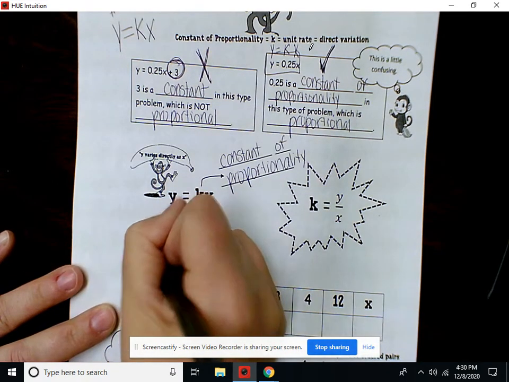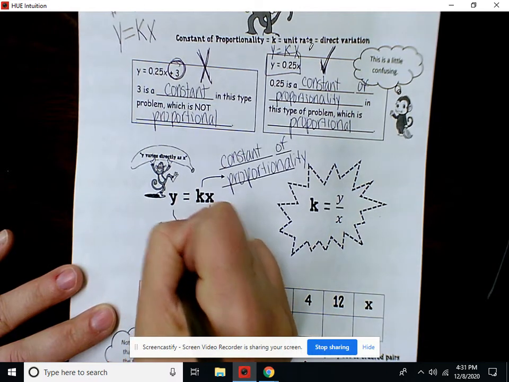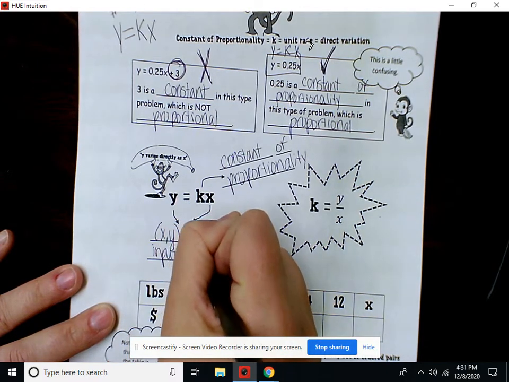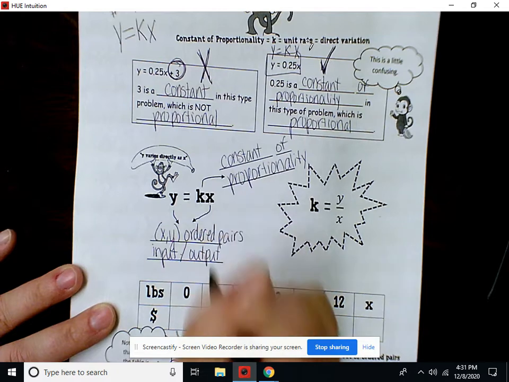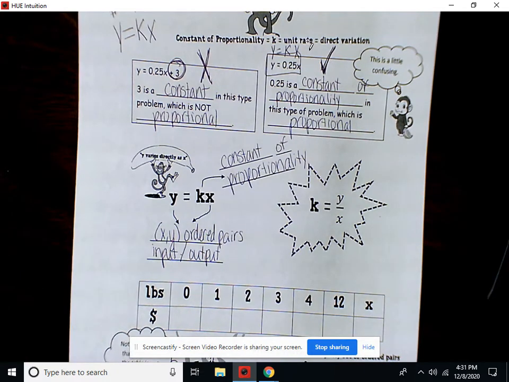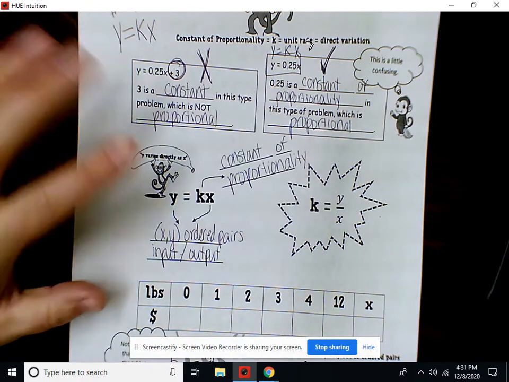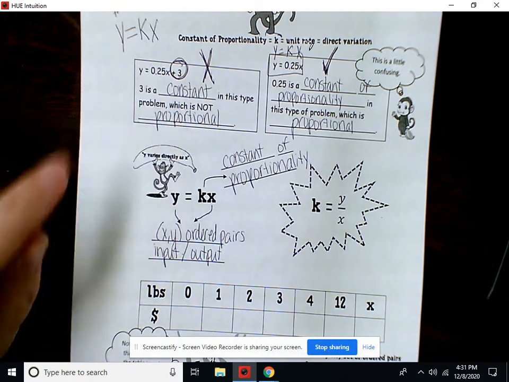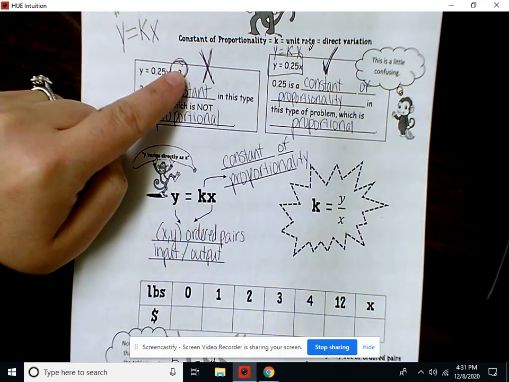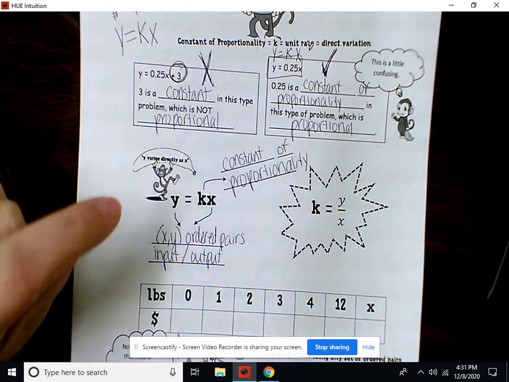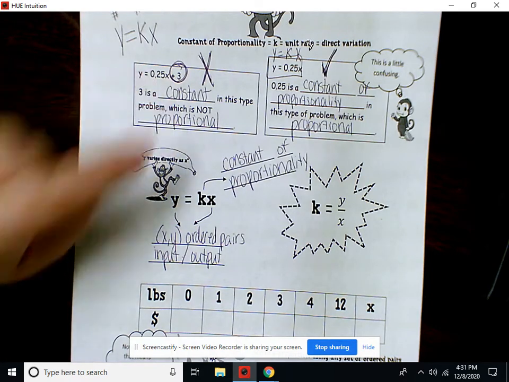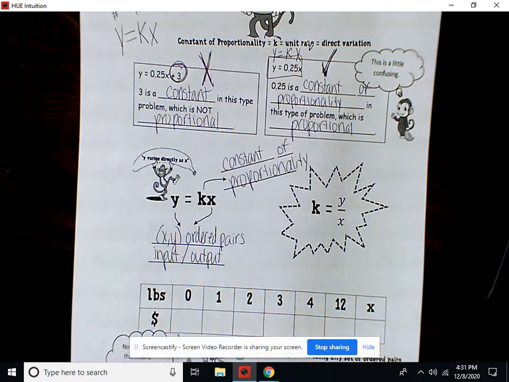So we're going to say input and then output. So we can input a number in for X, and we can get out an answer for Y, or we can put a number in for Y and we can get out an X. Okay, so that is the equation part. So it's going to be Y equals KX, nothing on the end. So if you see anything on the end, that means it's not proportional and it's not going to work.